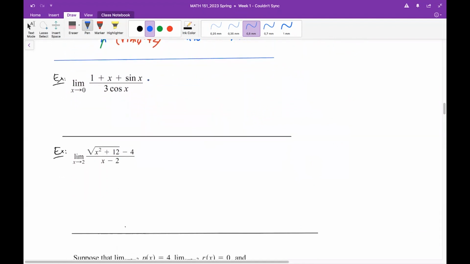This time, first of all, you need to understand whether it is an indeterminate form or not. So I will insert 0 to understand the value of it. Sine 0 divided by 3 times cosine 0. Remember, sine 0 was 0, cosine 0 was 1. We read these trigonometric values on the unit circle above. So what is the result? We have 1 plus 0 is 1.